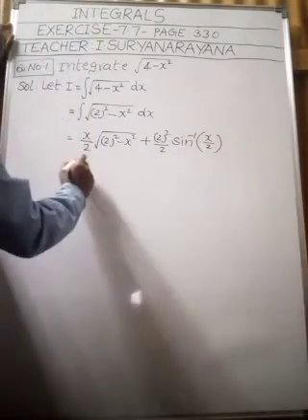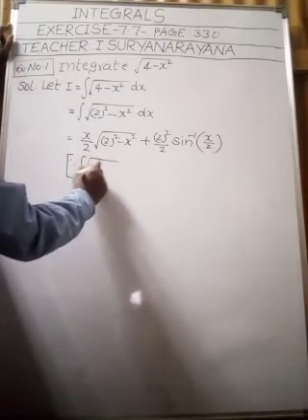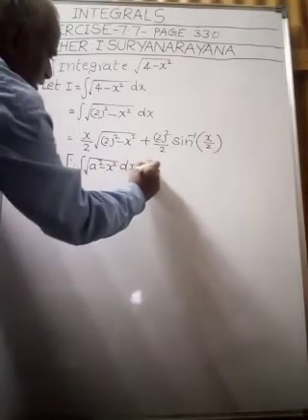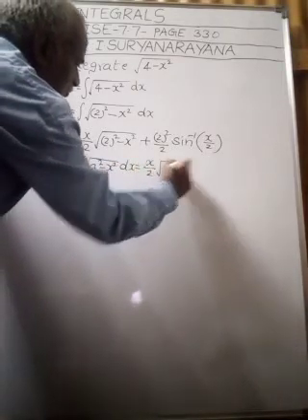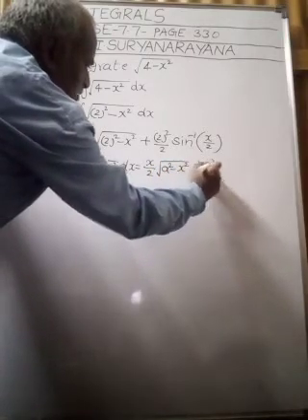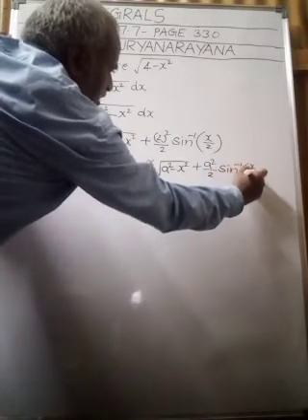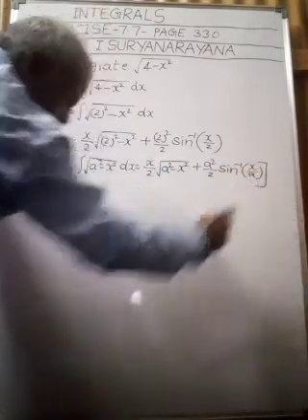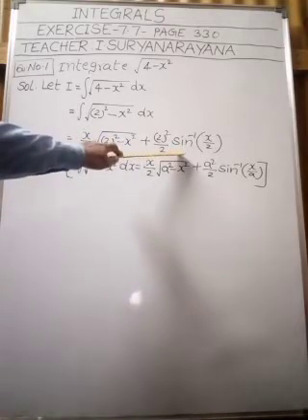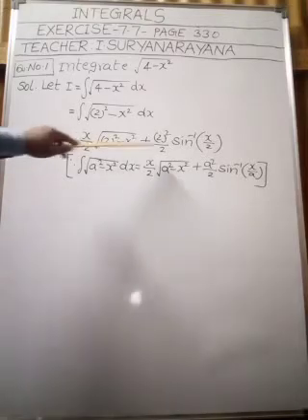Okay, my children, because integral root of a square minus x square dx is equal to x by 2 root of a square minus x square plus a square by 2 sine inverse of x by a. By using this standard integral, we wrote this step. Understood this step, my children? Right. Integration part is over.